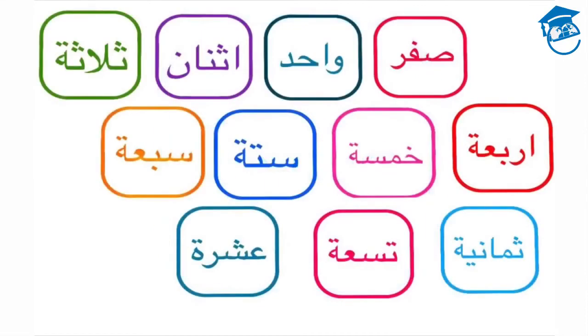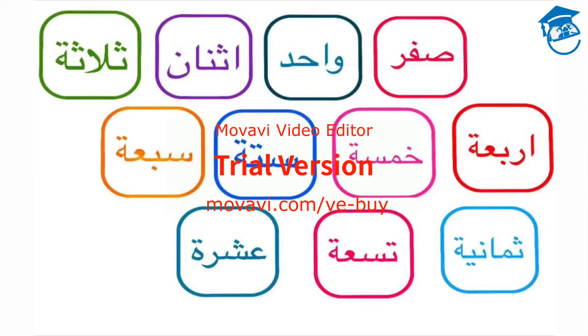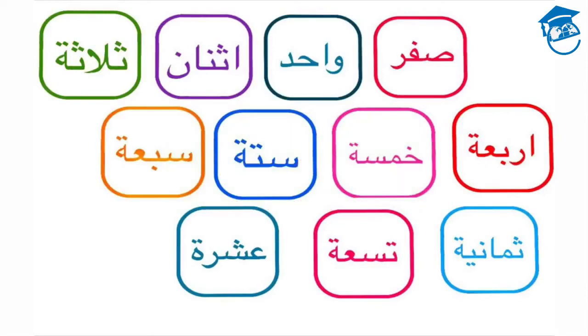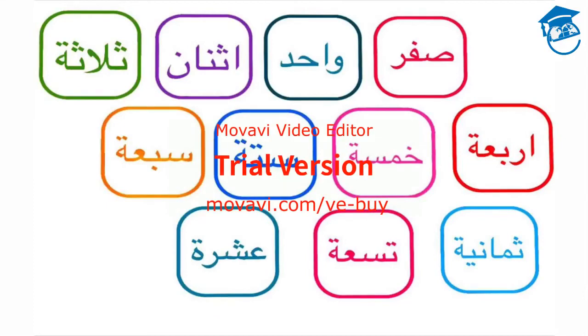Now let's try counting together one more time. Listen and repeat after me. We're counting from 0 to 10. صفر. واحد. اثنان. ثلاثة. أربعة. خمسة. ستة. سبعة. ثمانية. تسعة. عشرة.